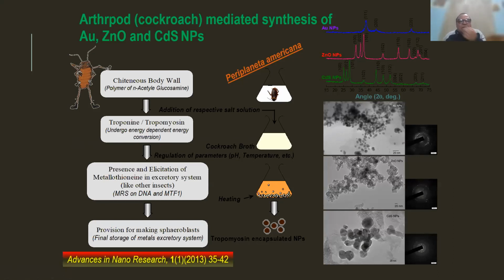So it is beautifully modulated under conditions of pH and temperature. And it gives us the material of our choice. As you can see, this is zinc oxide, this is gold nanoparticle, and this is quantum dot, that is CdS, cadmium sulfide nanoparticle.